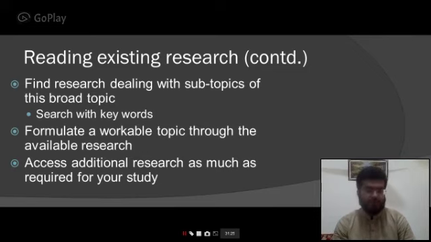But if you notice that your study still needs more readings because some of the research questions have not been addressed or some of the research objectives have not been met, in that case you should continue to look for more and more research works and more ideas in order to address all your research questions and fulfill all your research objectives.